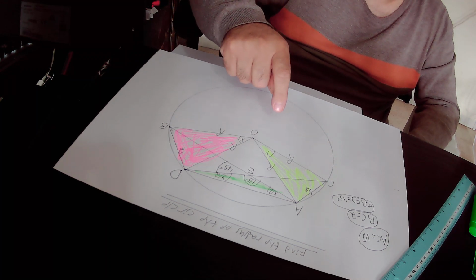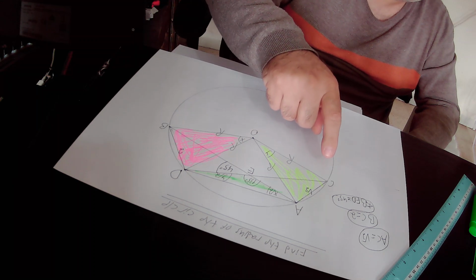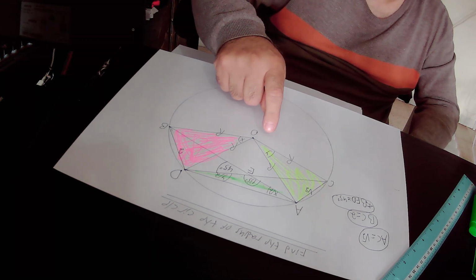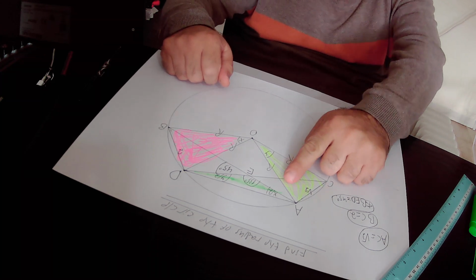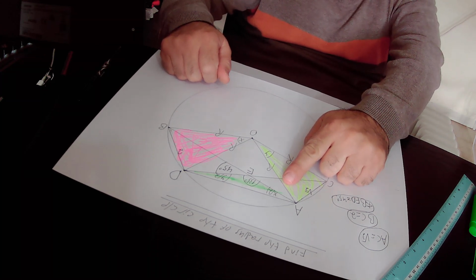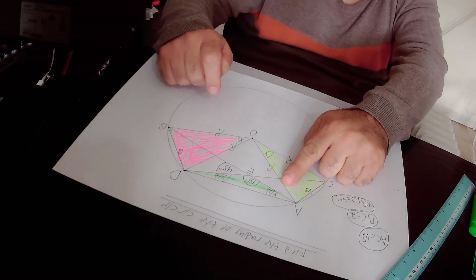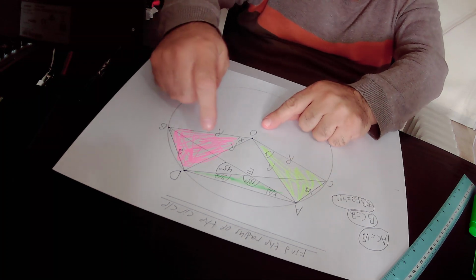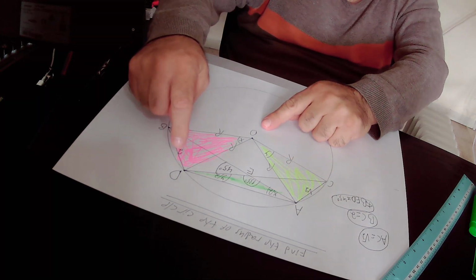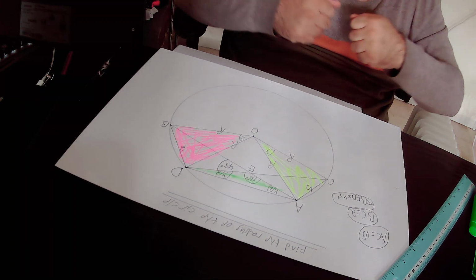Therefore, the central angle AOC that rests on the same chord AC must be equal to y. Then we defined peripheral angle DAB that rests on chord DB as x over 2. Therefore, the central angle DOB that also rests on chord DB must be equal to x, according to the rule that I mentioned.